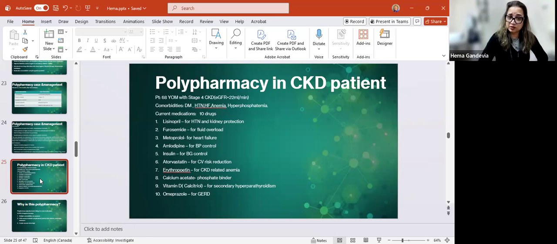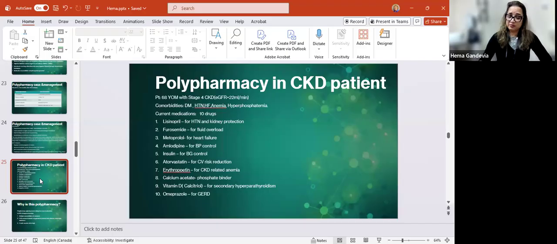He also gets erythropoietin for CKD-related anemia, calcium acetate, which is a phosphate binder. He needs that because of his CKD. And he's also on calcitriol, which is your active form of vitamin D, for secondary hyperparathyroidism. He is also on omeprazole for GERD management.